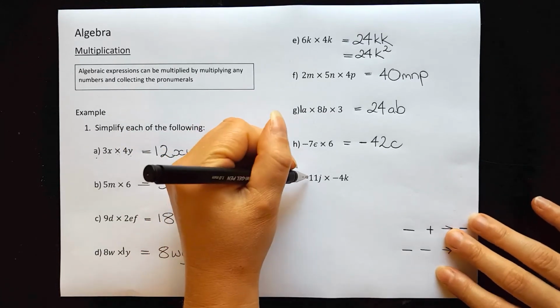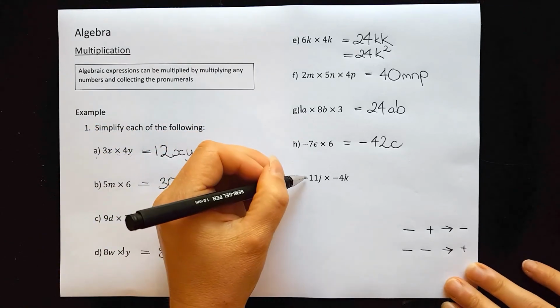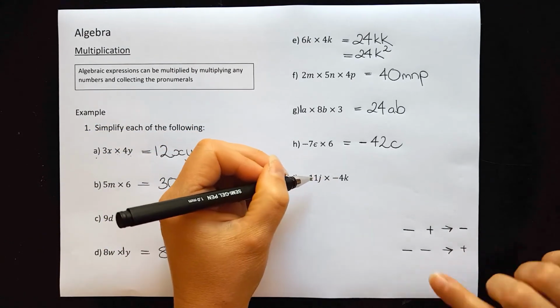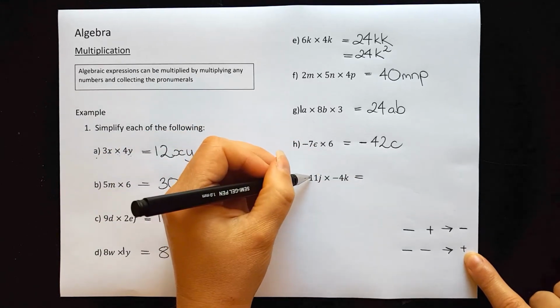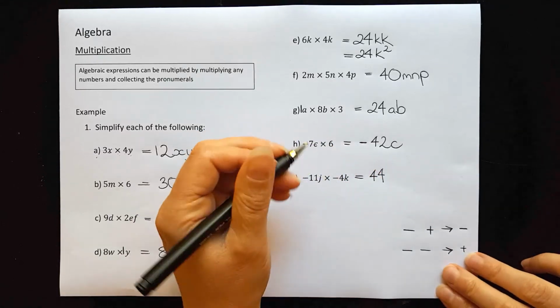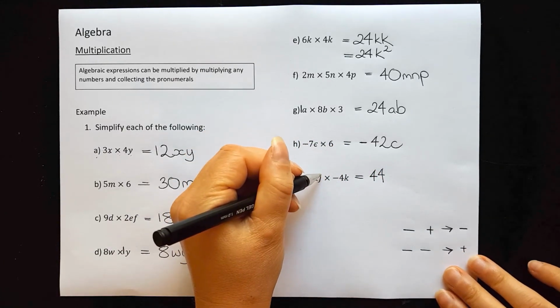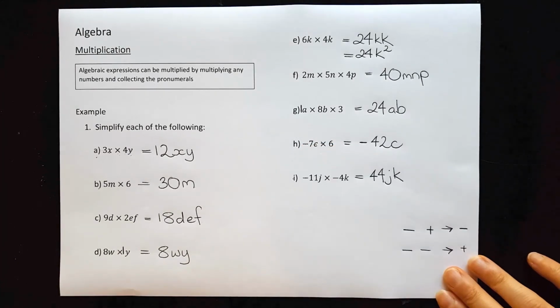And for I, I have a negative 11j times a negative 4k. They're both negative numbers, so my answer will be positive. So I multiply the numbers together. 11 times 4 is 44. And letters go after, J and K. Put them here at the end.